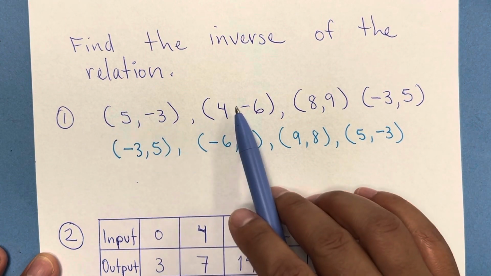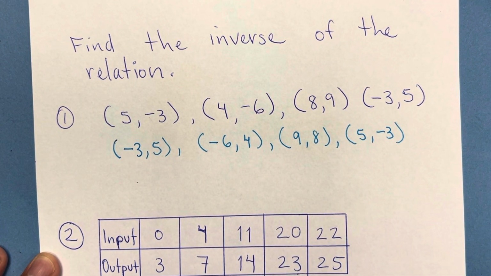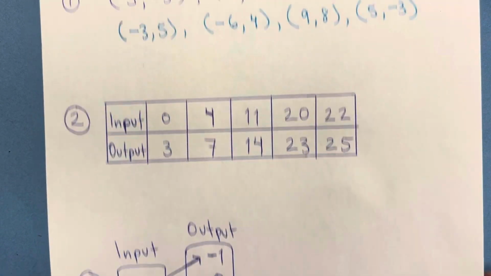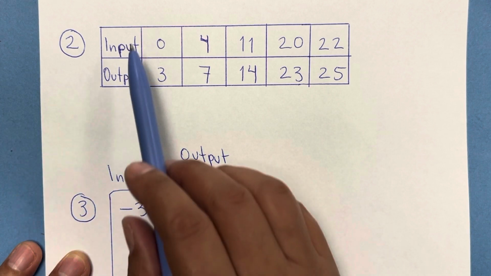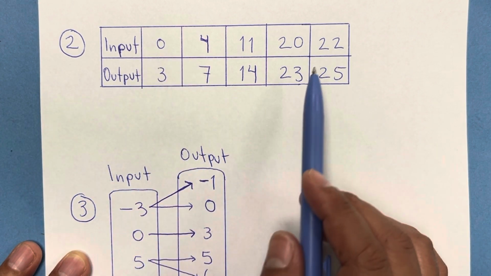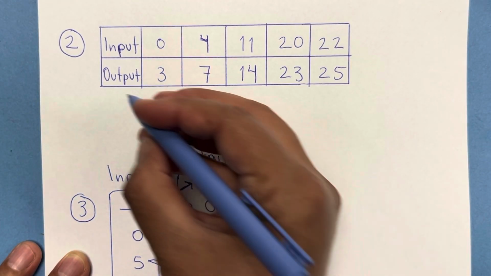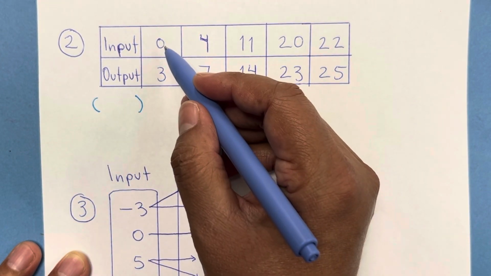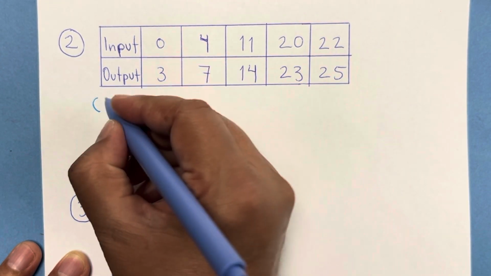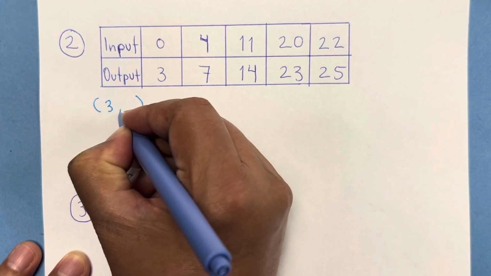So they gave me points or coordinates for the first relation. For the next one, I'm given a table with the input and output values, okay? And we can represent it the same way with coordinate. So instead of 0 for the input and 3 for the output, we just put 3, 0.